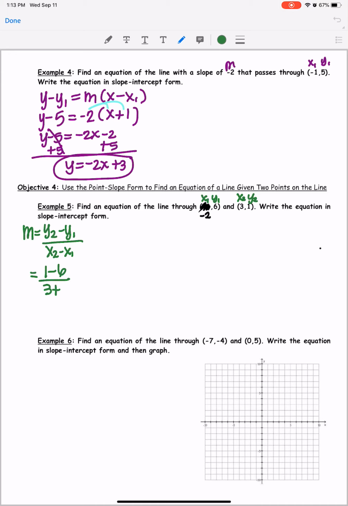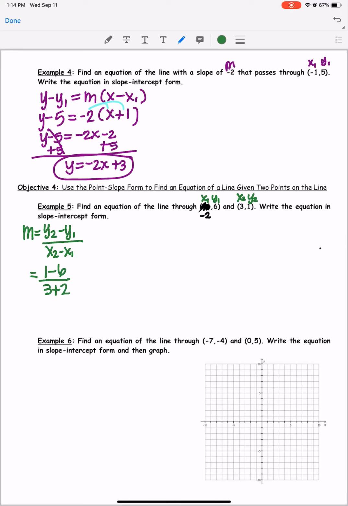So when I do my minus x1, this needs to be minus a -2, so this will be plus 2 here. Okay, your paper should already have this -2. That was a typo on my part. So hopefully you're not completely confused. I'm just changing that one number. And again, your notes should already have that.